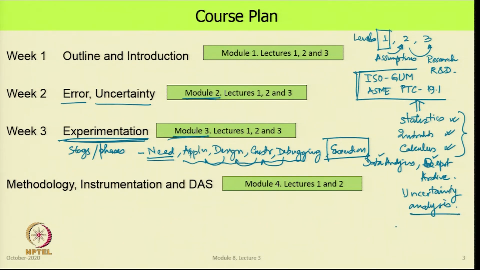What we are saying is we use the techniques of uncertainty analysis in designing the setup, in debugging, to some extent in construction, and even in developing concept designs. So, we said this is important, and that is why we went into experimentation, that this is applicable in two broad ways: pre-test uncertainty analysis and post-test uncertainty analysis.